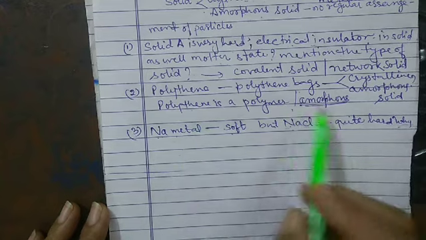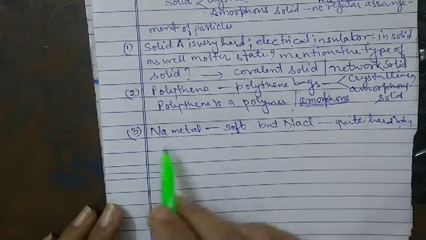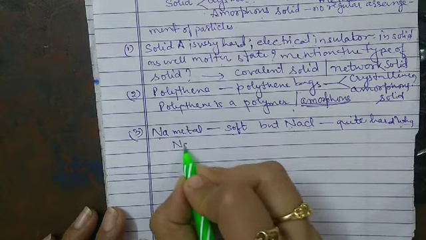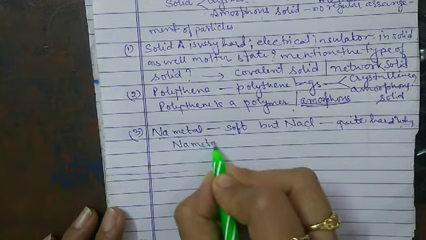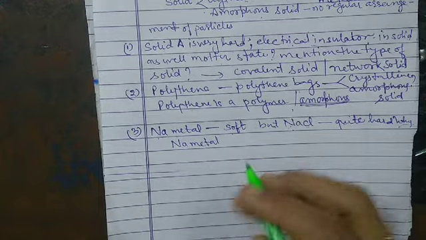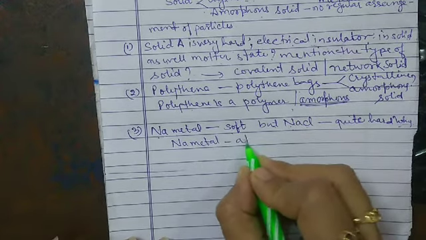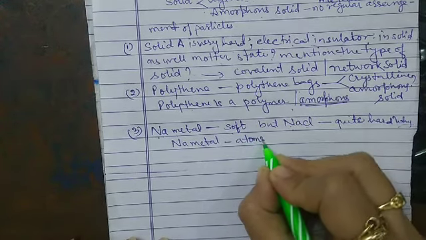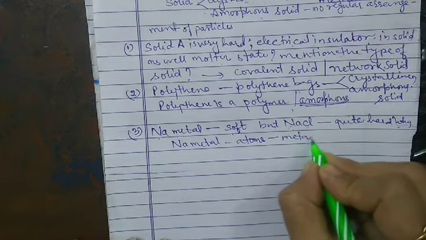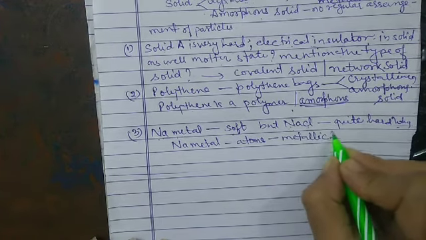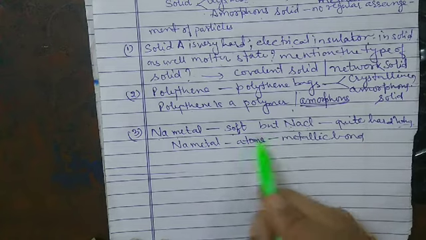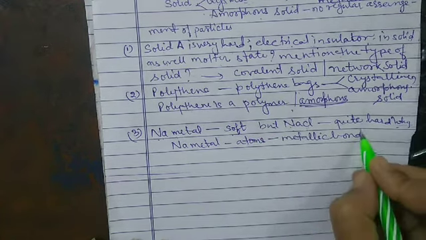So the reason is, first of all, let us discuss the case of sodium metal. In sodium metal, the atoms are held by the metallic bond. Because it is a metal, between its atoms the metallic bond is present.